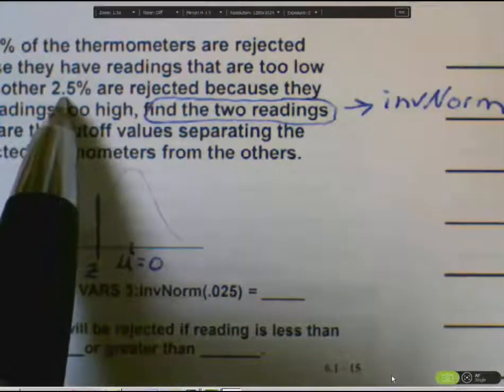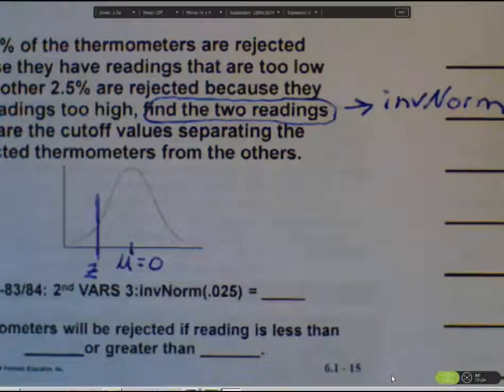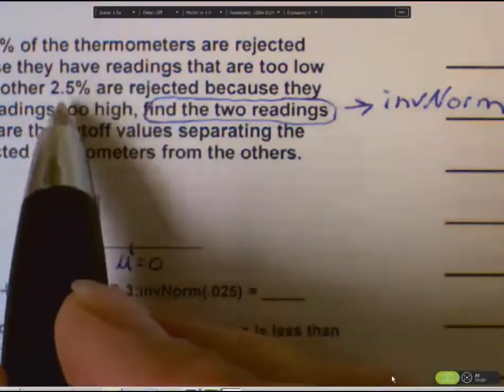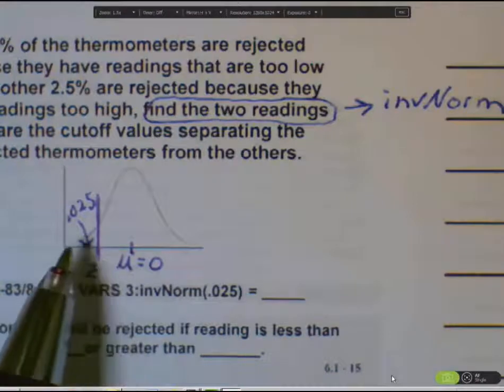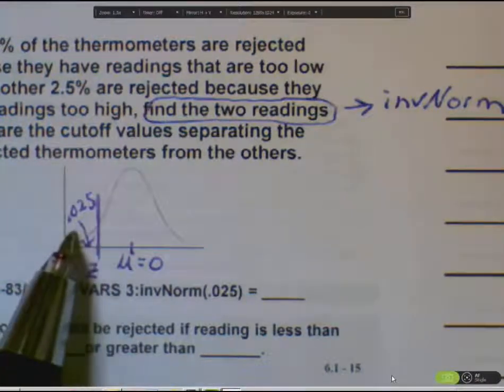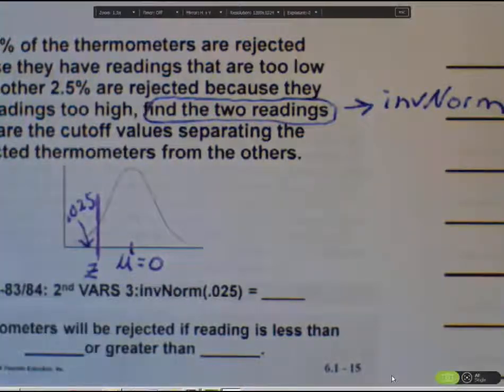That percent, that's giving me a probability or an area. When you see percent, I want you to think probability, area, percent, same thing. That 2.5% corresponds to an area right there of 0.025. I want the z-score that has 2.5% or 0.025 to the left of it.